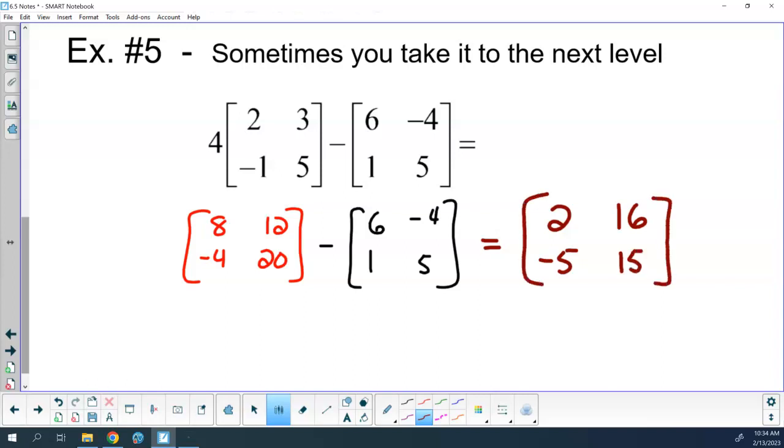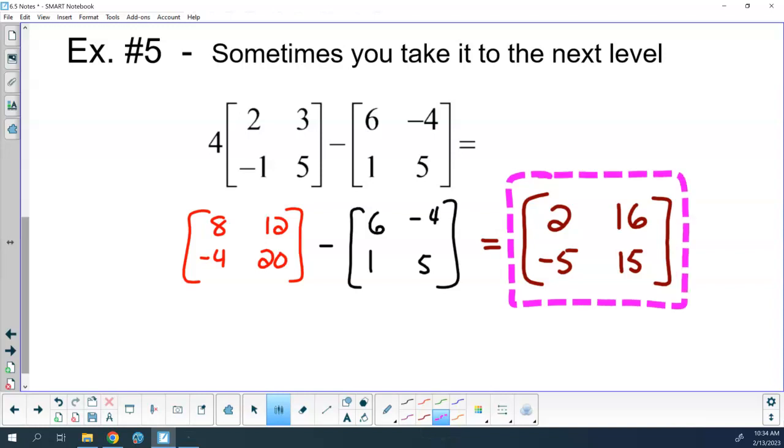So I get, as a result, the 2 by 2 matrix 2, 16, -5, 50.